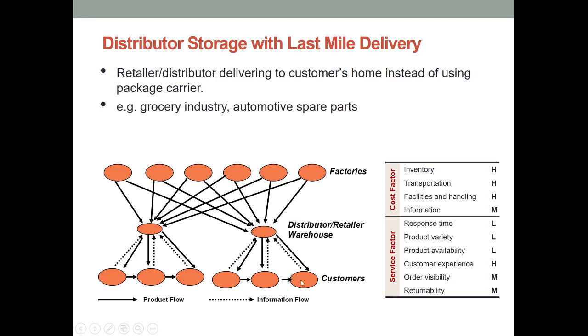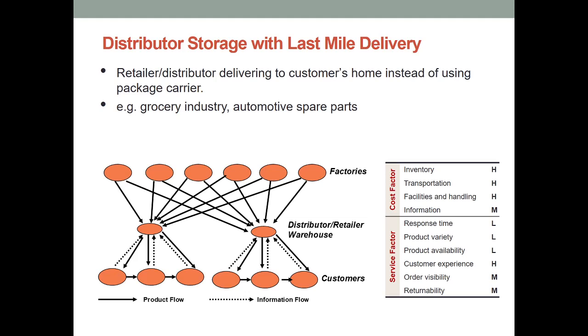Customer orders from the distributor or retailer, and the factory will sell all the products to the distributor or retailer. Customer orders through the retailer and gets the product from the retailer.